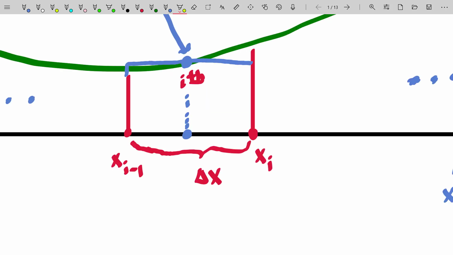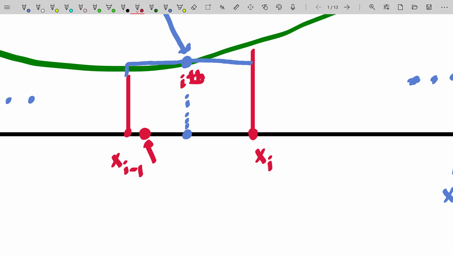When I say let x sub i star be some point in the ith interval, what I mean is that we did not have to use the right edge point, that's x sub i. We didn't have to use the left edge point, that's x sub i minus 1. Nor did we have to use the midpoint, which is x sub i minus 1 plus x sub i, all divided by 2. We could have chosen an arbitrary point in this interval, maybe this point right here.